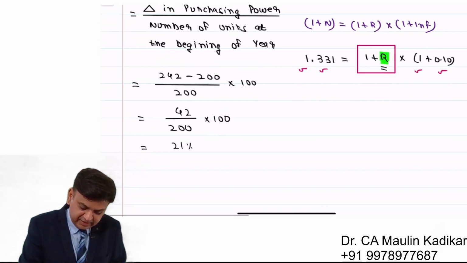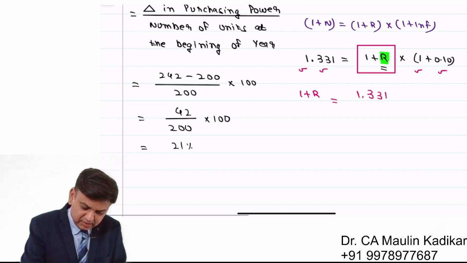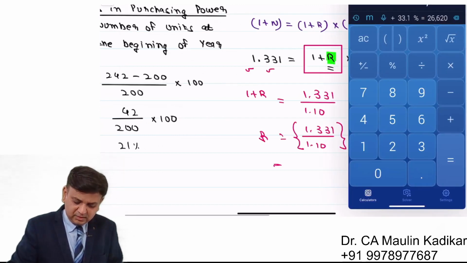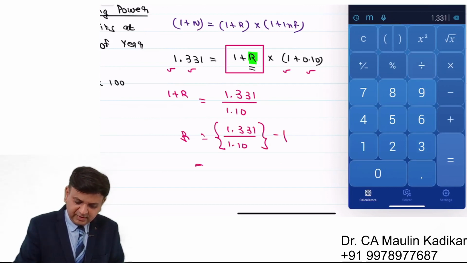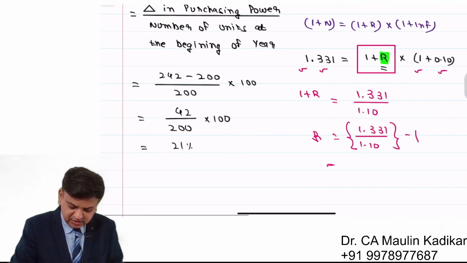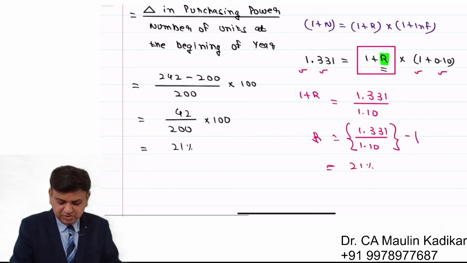So we understand that 1 plus R is equal to 1.331 divided by 1.10. So R is equal to 1.331 divided by 1.10, minus 1. Whatever the answer we have for 1.331 upon 1.1, minus 1, it is 0.21, into 100 for getting the answer in percentage terms, that comes to 21%.